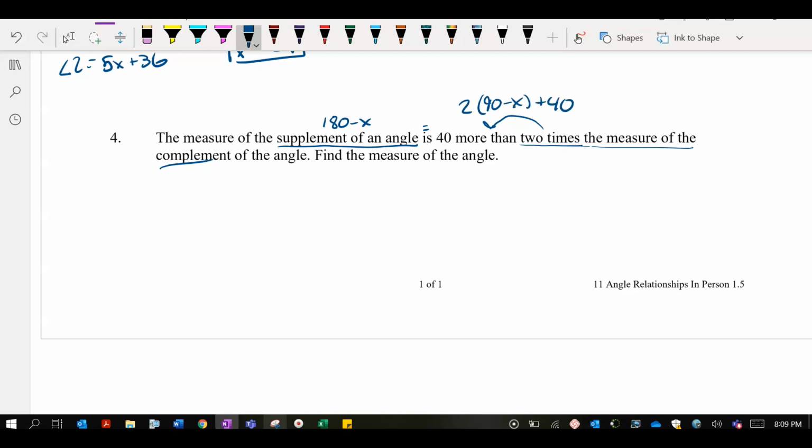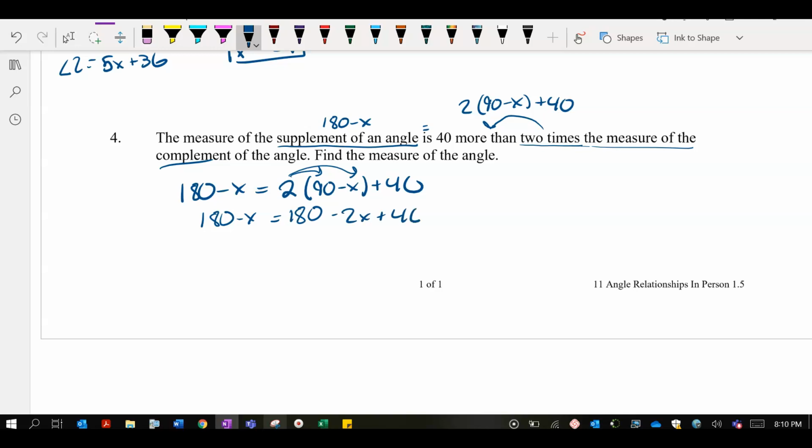All right, so then here, taking a look, find the measure of the angle. So now I'm going to go ahead and set it up. So I have 180 minus x equals 2 times the complement of an angle, which is 90 minus x, plus 40. From here, I'm going to distribute. So we have 180 minus x equals 180 minus 2x plus 40. These 180s will subtract out.